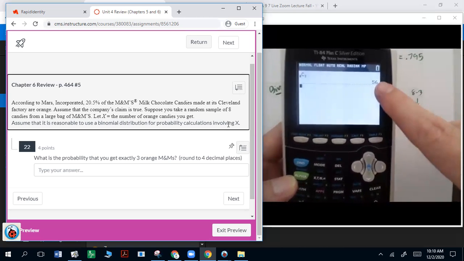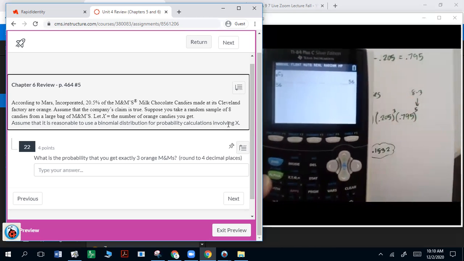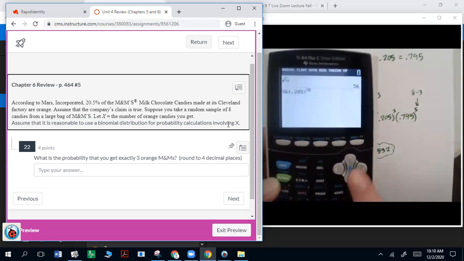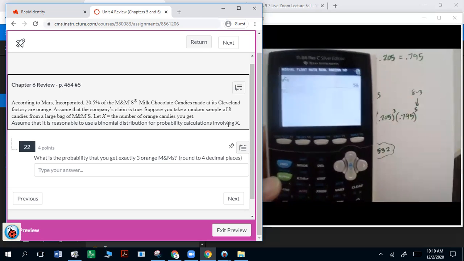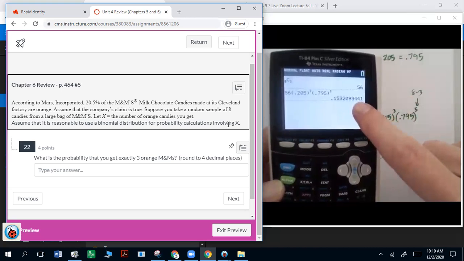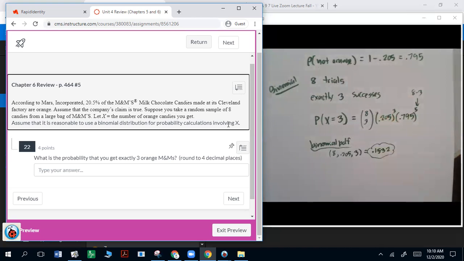And that number is 56. So 56 times 0.205 to the 3rd power times 0.795 to the 5th power. So using the formula, that's where we're at there. All right, next question.